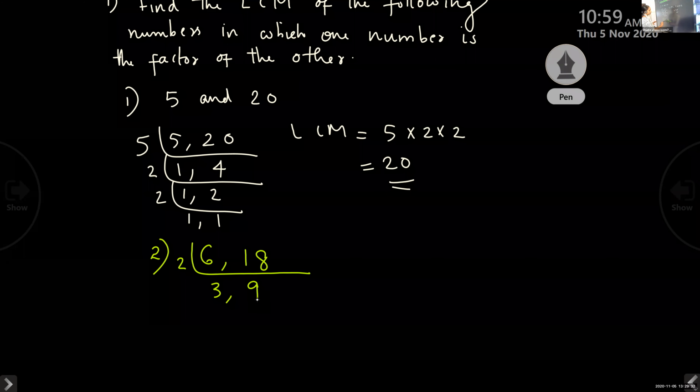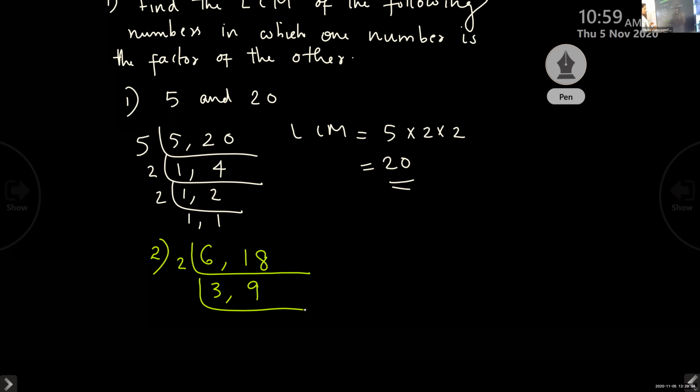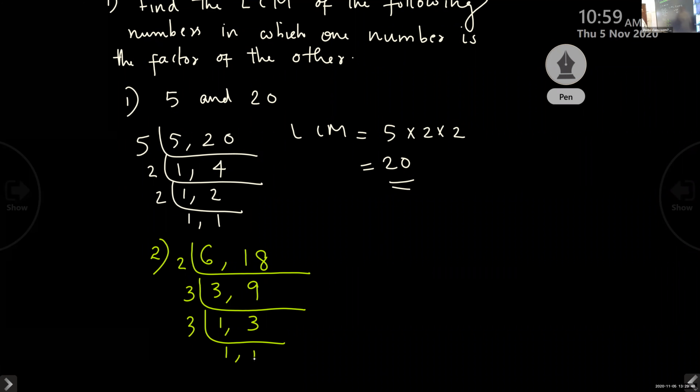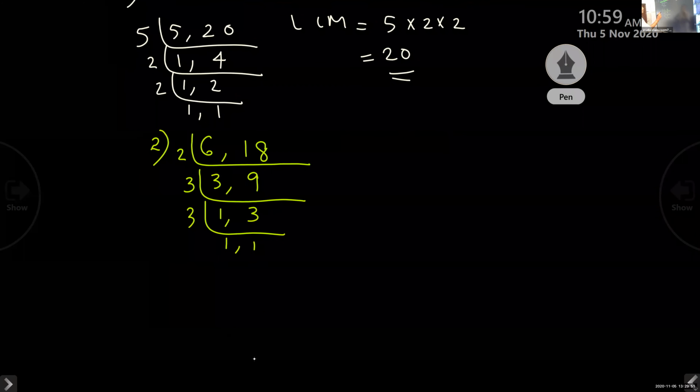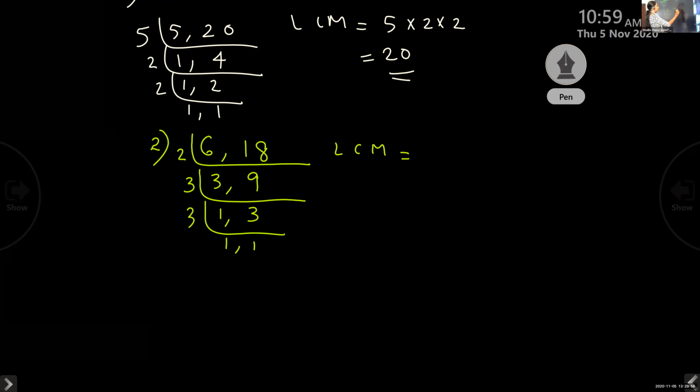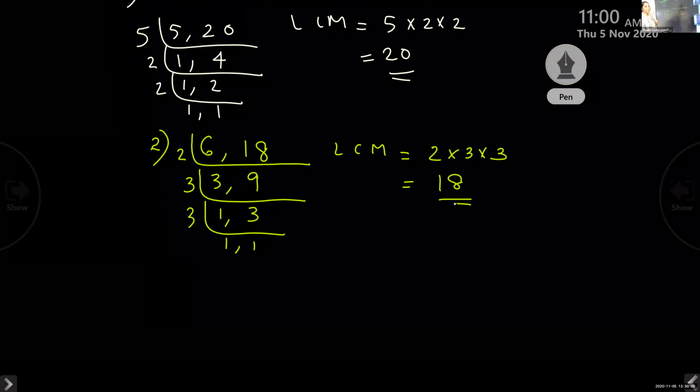Clear? Yes, 2 into 3 is 6 and 2 into 9 is 18. Now, we'll do with 3, 1 and 3. Again with 3, 1, 1. Okay, so LCM equal to 2 into 3 into 3, 18. So what is your observation?